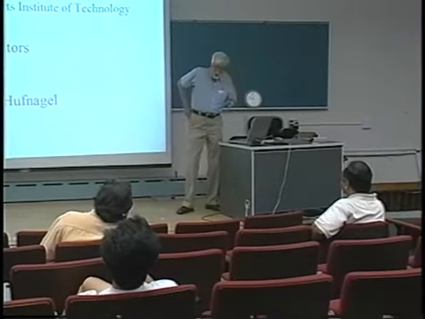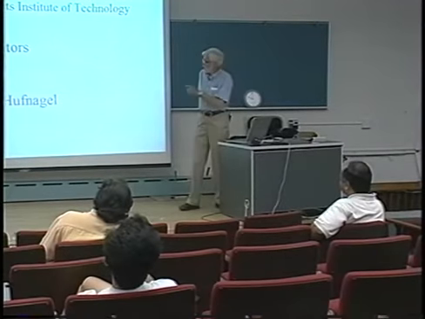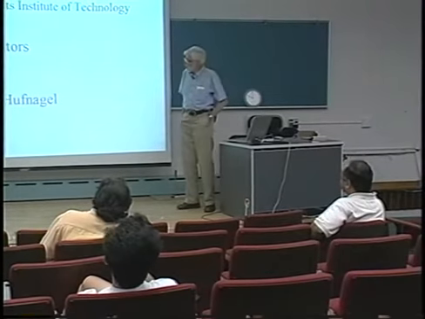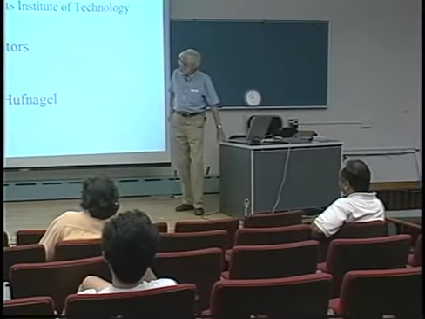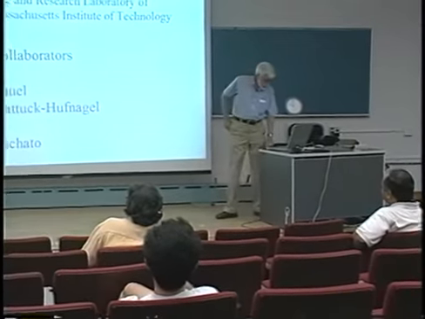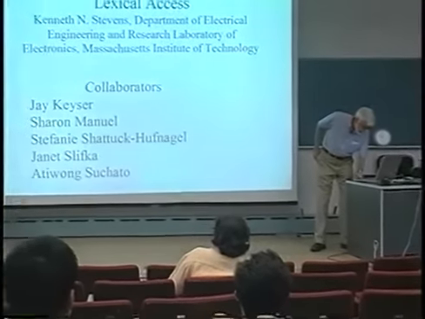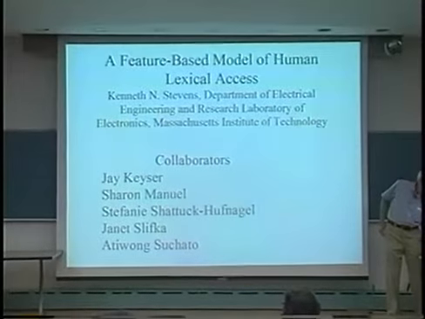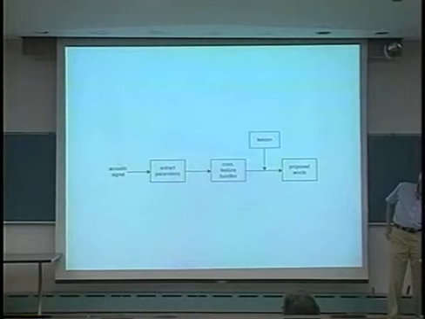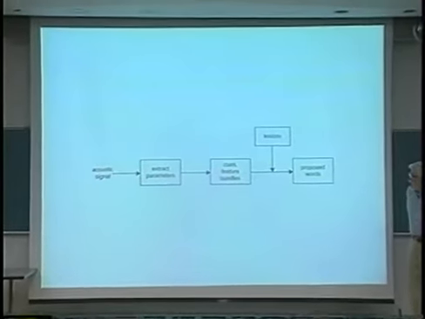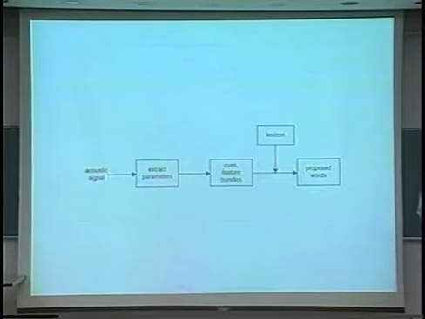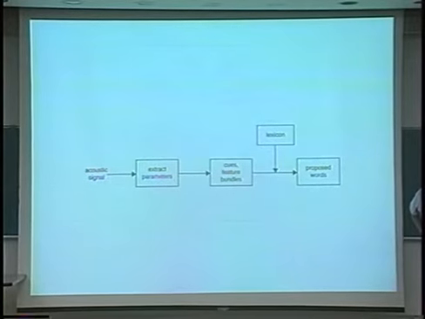So, this is a list of some of the people I've collaborated with, and there are some other graduate students as well. What I'm going to try to do is talk a little bit about a model that drives our own research.